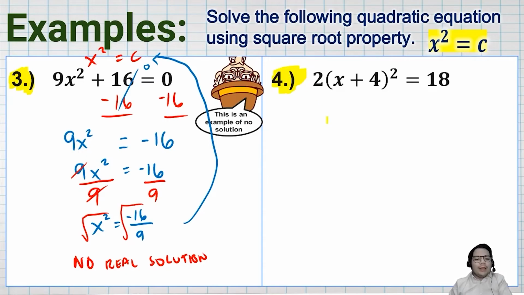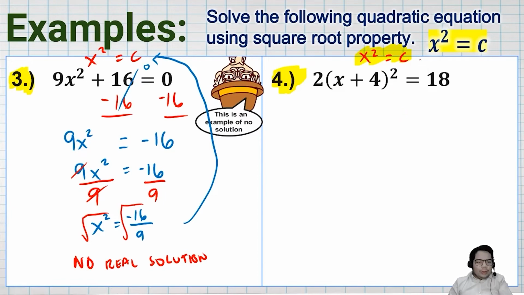We have 2 times the quantity x plus 4 squared is equal to 18. On this example, kung mapapansin nyo, kailangan natin ang form ng x squared is equal to c. So, parang yung number 4 medyo komplikado kasi ang layo niya sa x squared is equal to c.